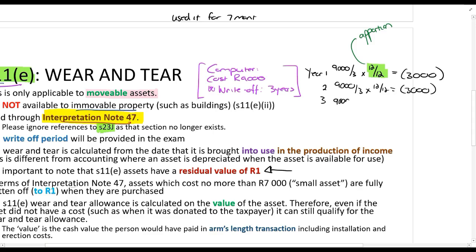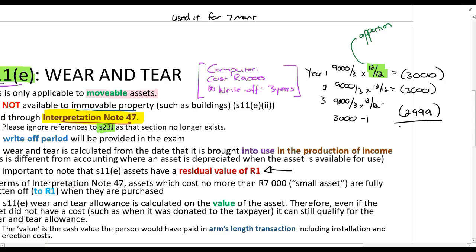When you are done writing it off, so in the final year, the last time that you're writing it off, you will calculate the allowance, but you will deduct 1 rand from it. So basically the allowance for this year will be 2,999.